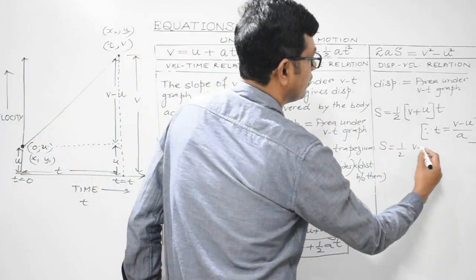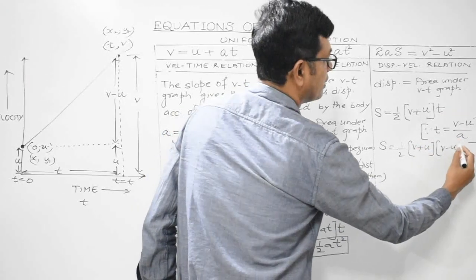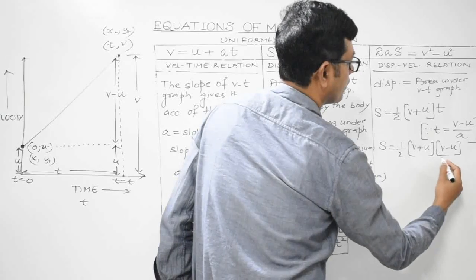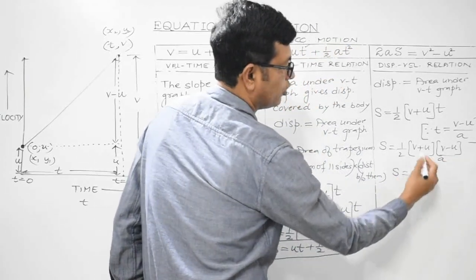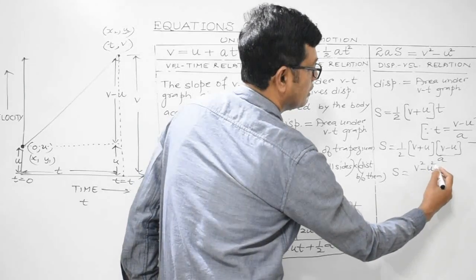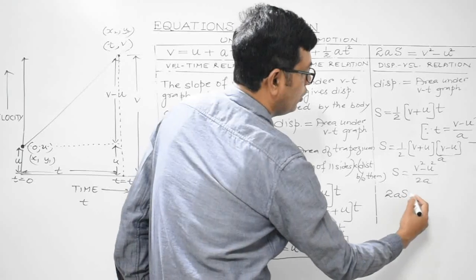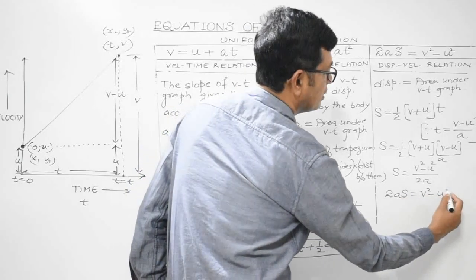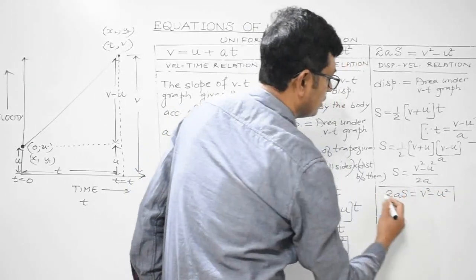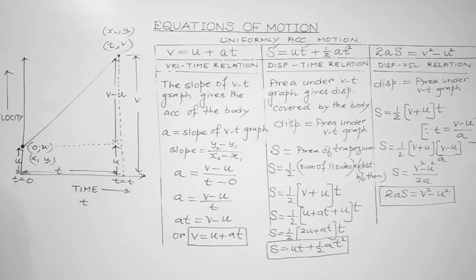So what do we get is v plus u, and in place of t we can write v minus u by a. So what do we get? S is equal to v plus u into v minus u would give us v square minus u square divided by 2a. On cross multiplication we get 2as is equal to v square minus u square. This is the third equation of motion, right?